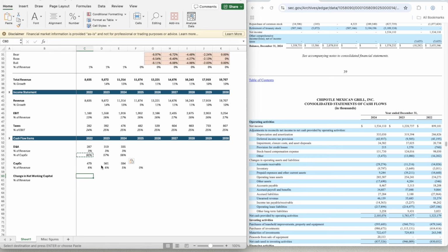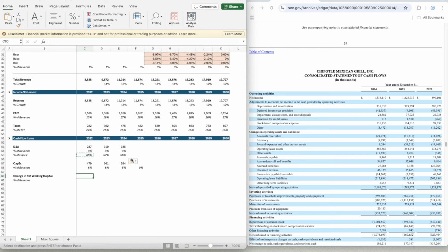Now this one is always a bit painful to do, the change in net working capital. What we do is add all of these together. Some of it's negative, some of it's positive. So we add all of that together, and that will give us the change in net working capital. If you don't pay attention, this can really stump you.